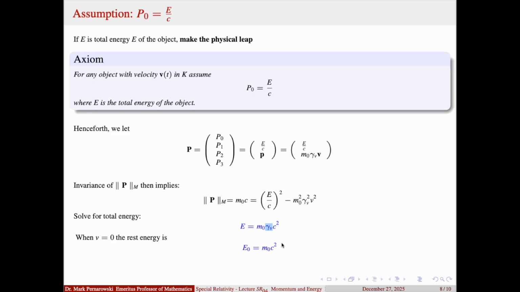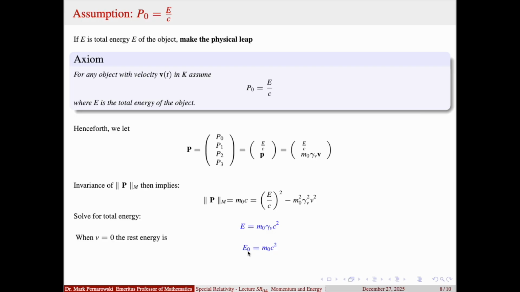So to recap, if you assume the first component of the four momentum is this, then you get a formula for the energy that's a consequence of the fact that the four momentum is invariant in reference frames. And once you have the total energy for any velocity, you can figure out what it is for velocity 0, and that's Einstein's E equals mc squared.